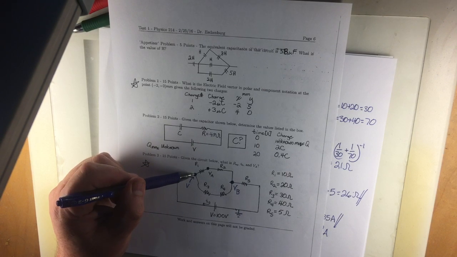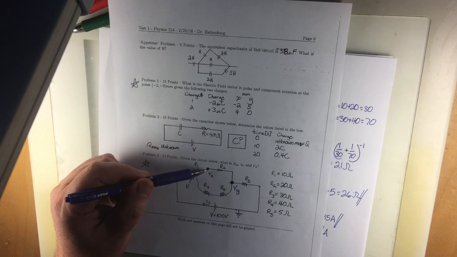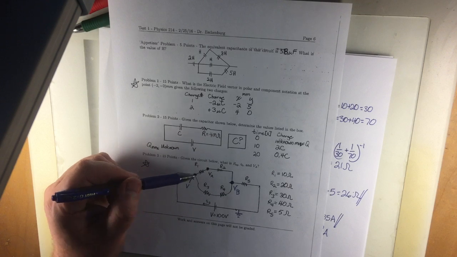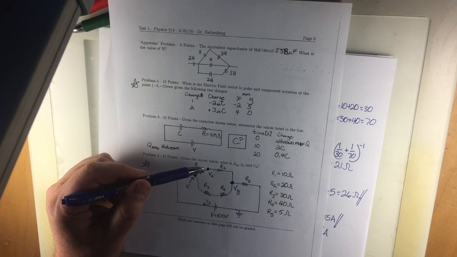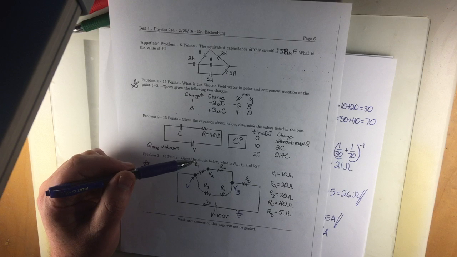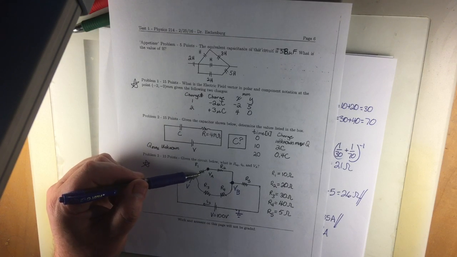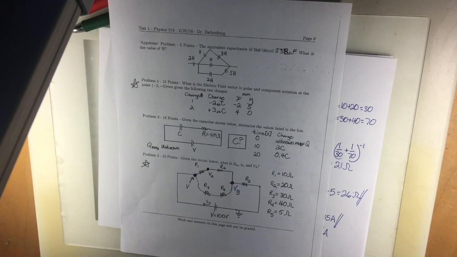I do. V low in this particular case across R1, I'm looking for. So that's an unknown, that's okay. The resistance I know, but I don't know the current flowing through R1. That's an unknown at the moment. How do I get that current?